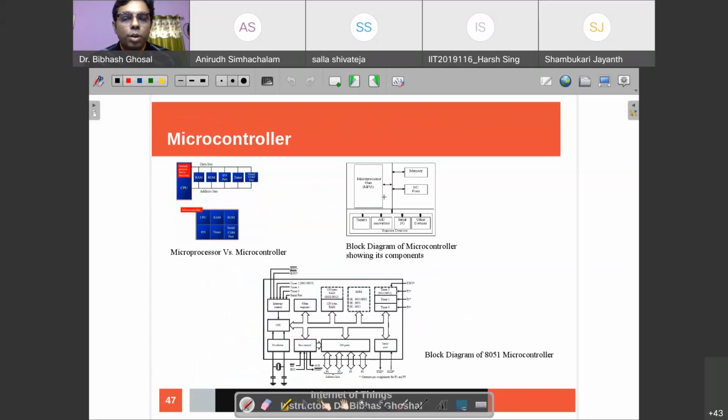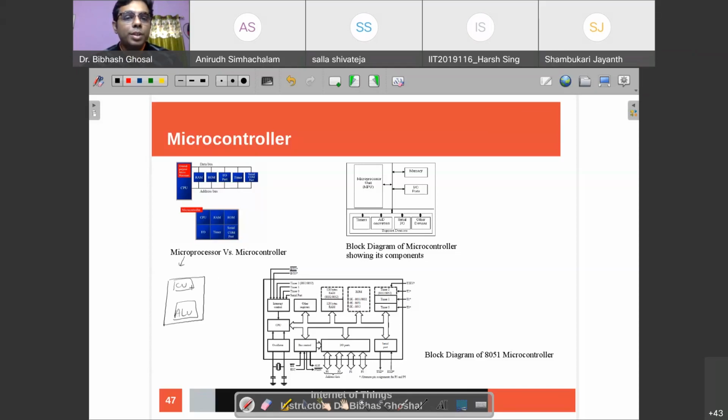Now all of you must have taken a course on computer architecture, and you must have come across the term microprocessor, whose basic idea is to execute instructions. If you remember, a microprocessor is a device having primarily 2 components, an arithmetic logic unit and a control unit.